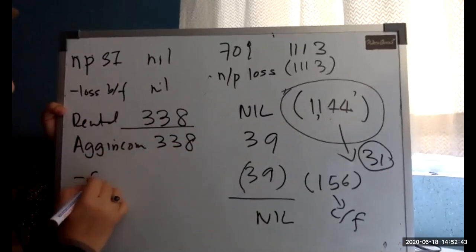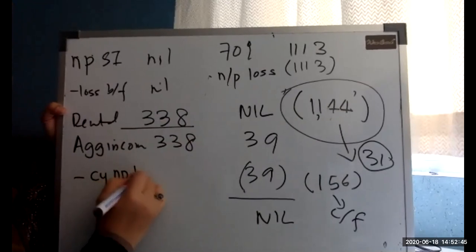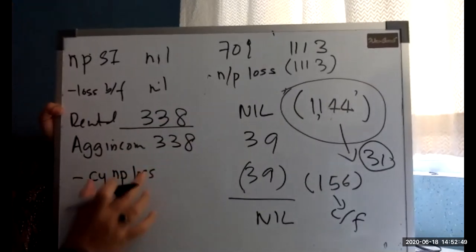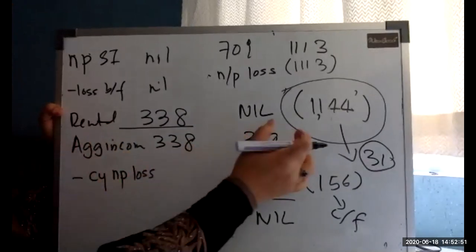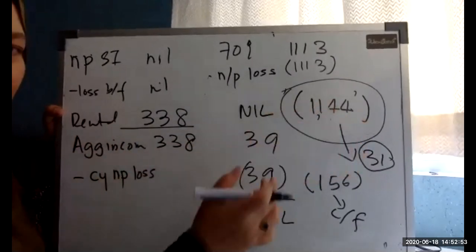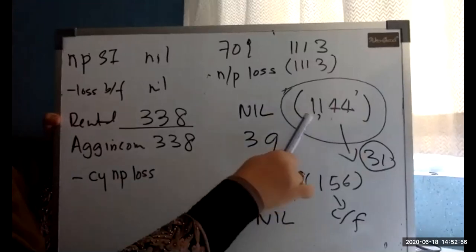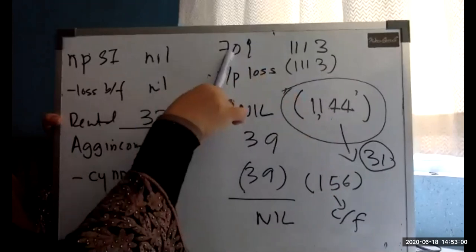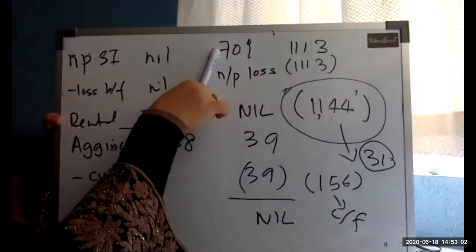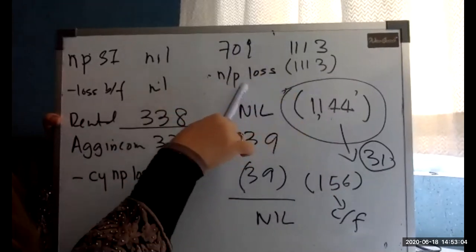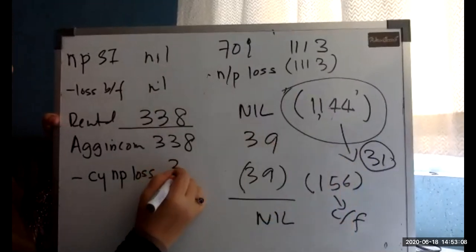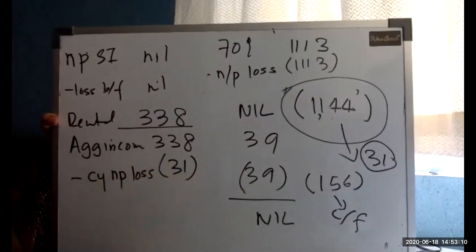Then you can minus your current year non-pioneer loss. Where does the current year non-pioneer loss come from? Remember that the company has an adjusted loss of 1144 from your non-pioneer, but from 1144, you have utilized 1113 against your 70% SI. So the balance of your non-pioneer loss is only 31. So this amount, you bring it here, 31,000.